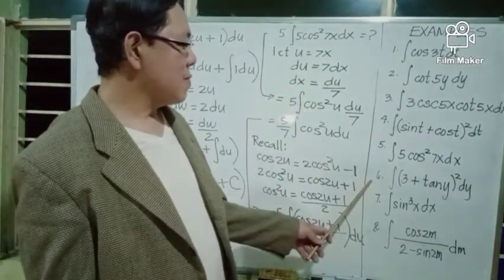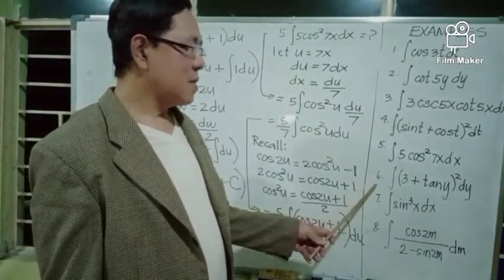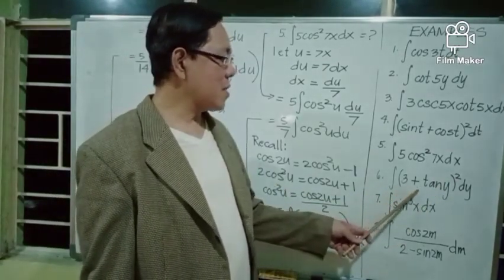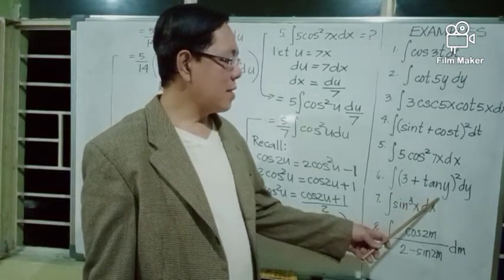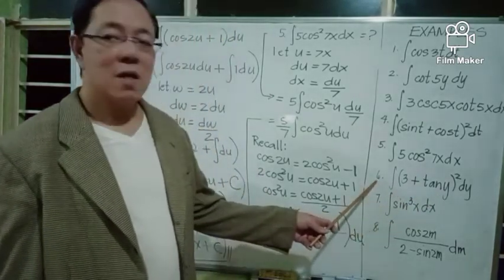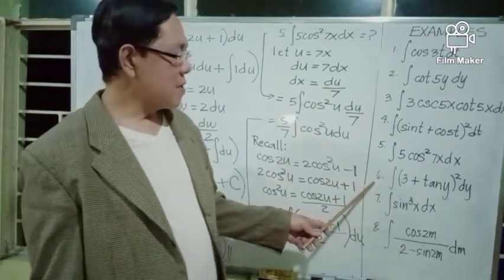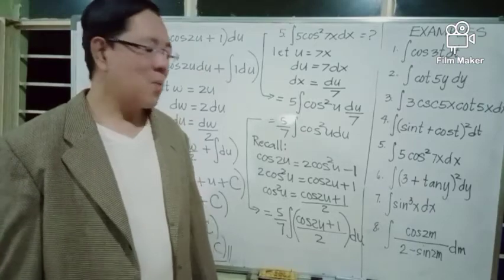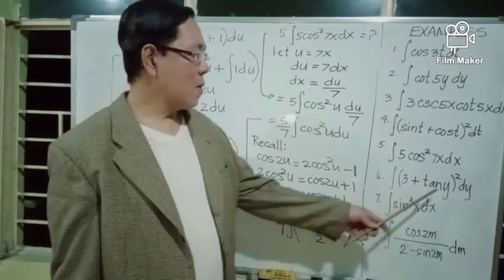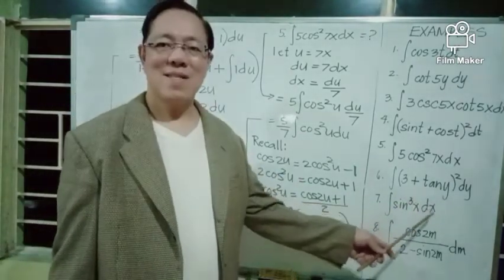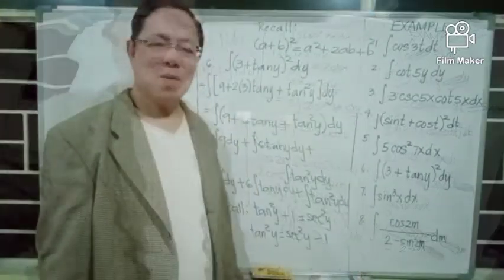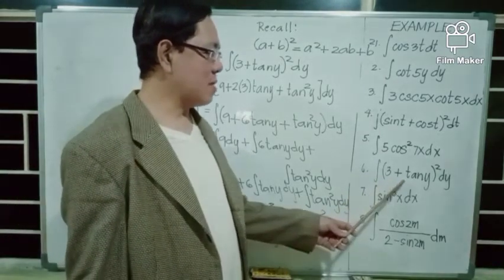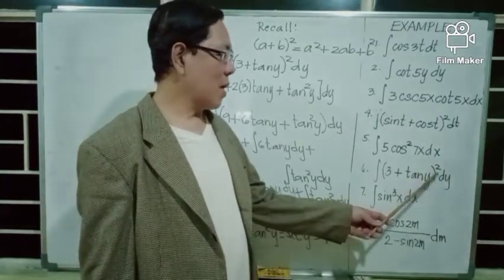Now we will answer number 3. The integral of the square of the sum of 3 plus tangent y. For this integral, we again apply the special product rule for the square of a sum, or for the square of a binomial. In number 6, we have the integral of quantity 3 plus tangent y squared dy.